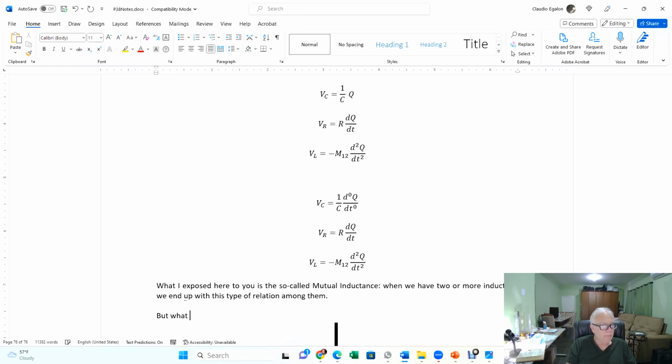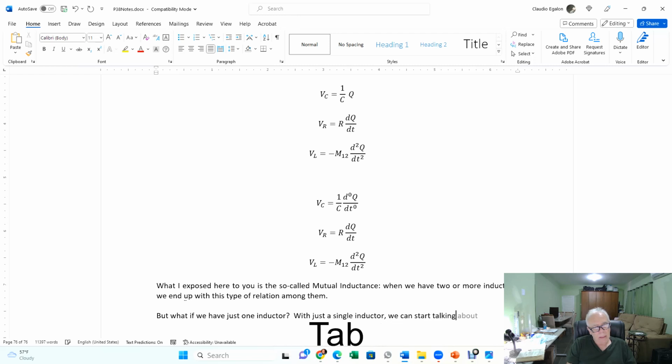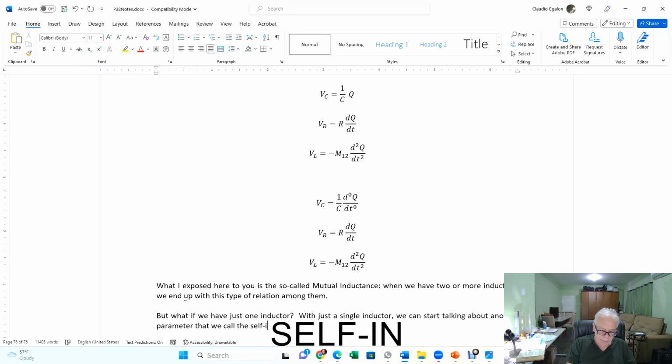But what if we have just one inductor? If you have just one inductor, now we can start talking about another parameter that we call the self-inductance.